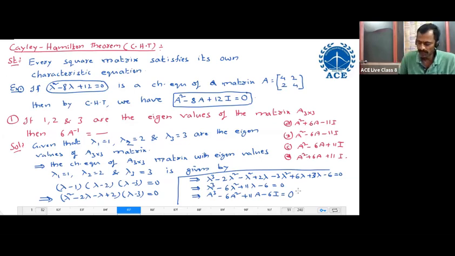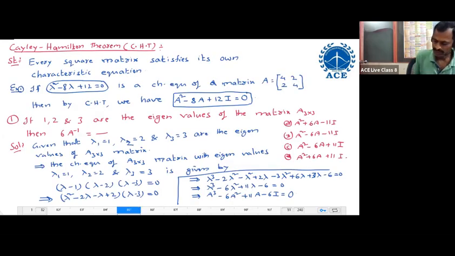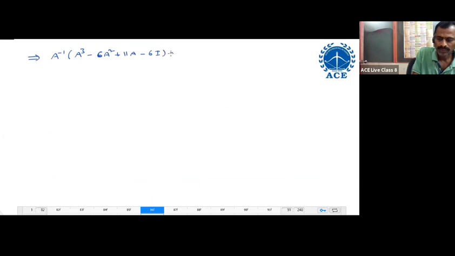Now to find the A inverse, multiply both sides with A power minus 1, which implies A inverse into A cube minus 6A square plus 11A minus 6I, which gives A square minus 6A plus 11I minus 6A inverse equal to O. Therefore, 6A inverse equal to A square minus 6A plus 11I.